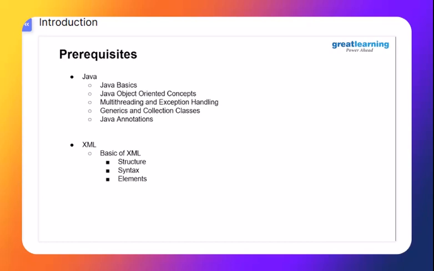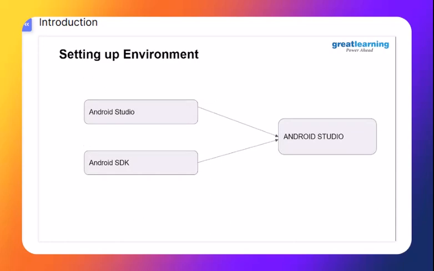Now what are the things that we should download? Earlier, before Android Studio, we needed to download two things, Android SDK and Android Studio. But now both are included in Android Studio.